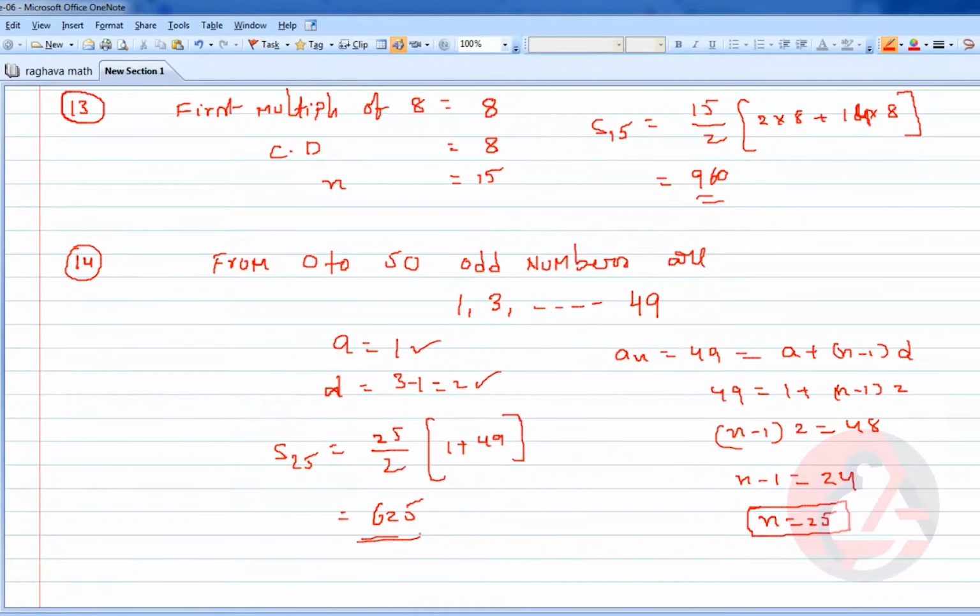Yes, sir. See, it's your wish. You can use another formula for Sn: n by 2 into 2a plus n minus 1 into d.